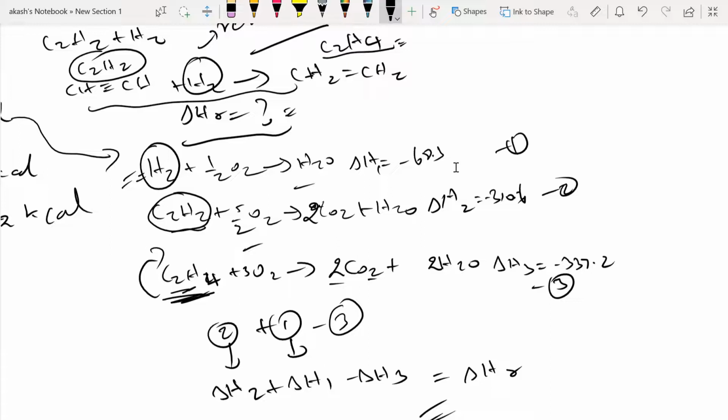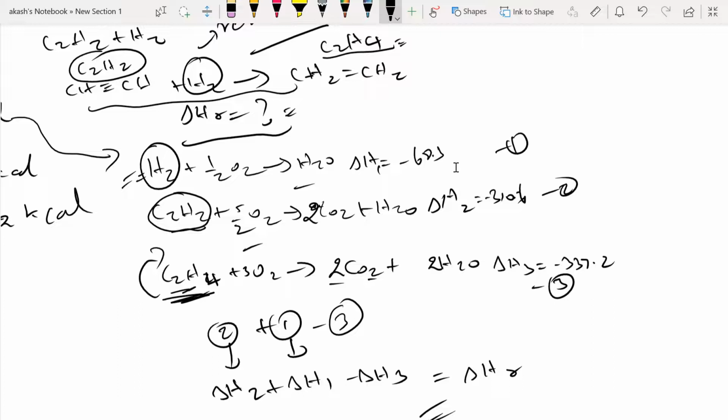Sir, but in the required equation, we need the heat of formation of H2, right? H2O formation. Okay, sir.